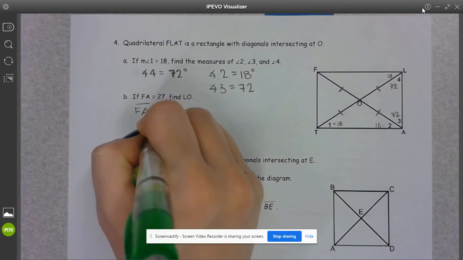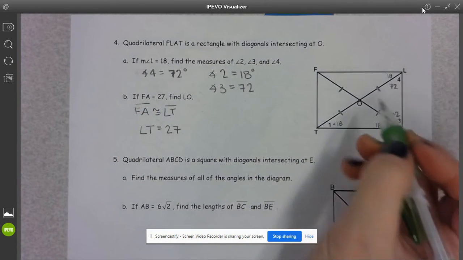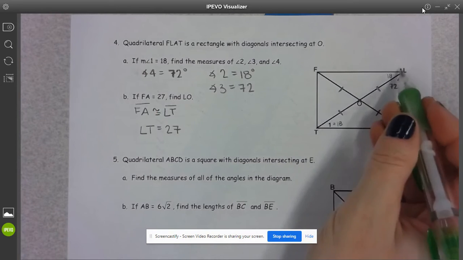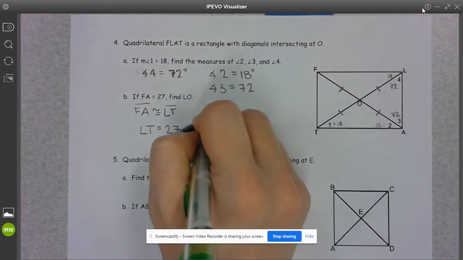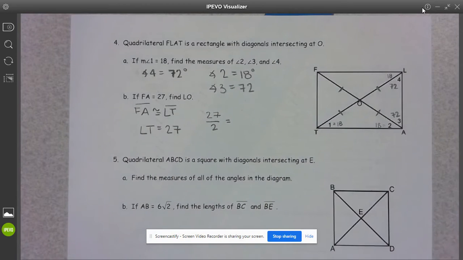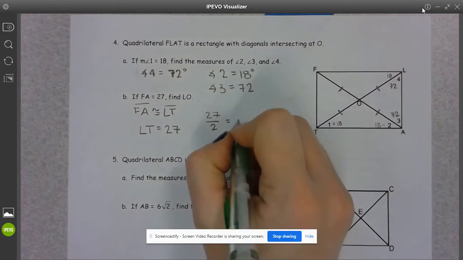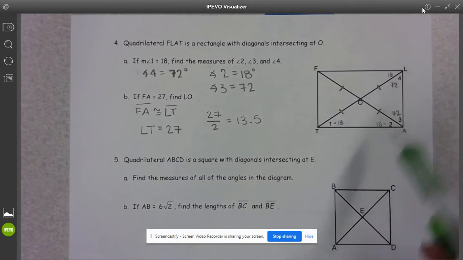So I know that LT is also 27. And I know that O cuts that in half. So if I divide that in 2, that tells me LO, FO, OT, and OA all are 13.5 because they're all congruent.